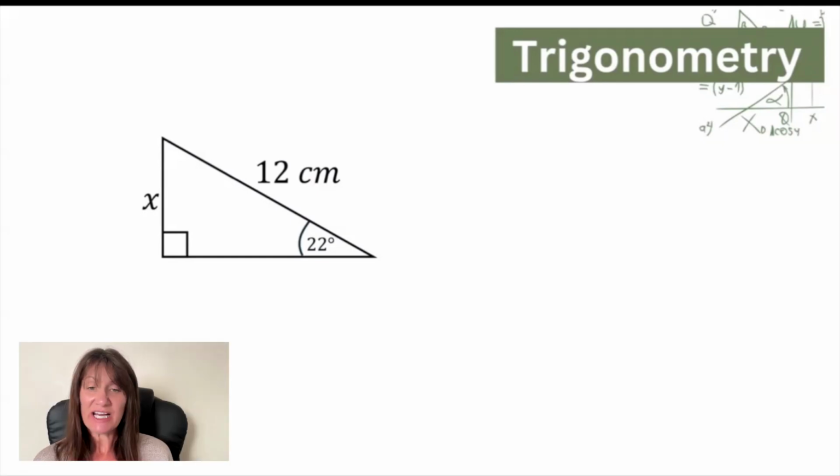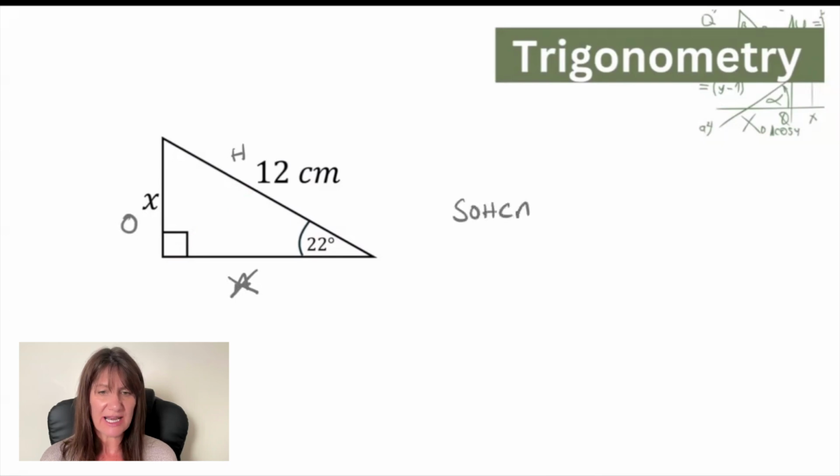So we're going to label the sides. I'm looking at the 22. I'm going to go across, and I'm going to label that side O. I'm going to do exactly the same with the right angle, go across, label that H, and then I've got my A. Now I don't actually need the A, it's an edge with no information on, so I'm going to cross that out. I'm going to write down my Sohcahtoa and look at the two edges that are involved.